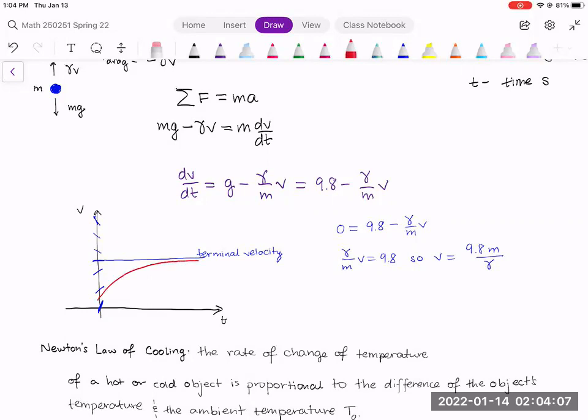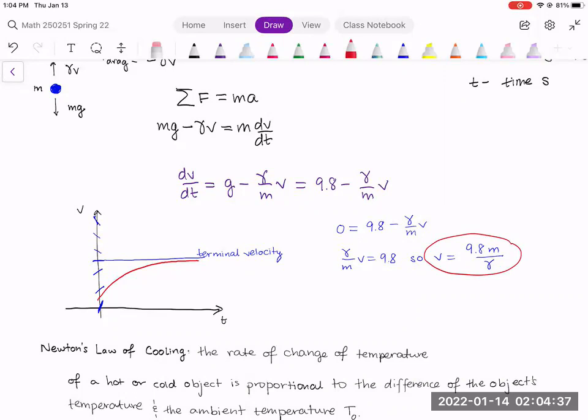So there's some limit on how fast we're able to fall. It's going to depend both on the mass and the drag coefficient, and we can see how. If we look at this equation, if our mass is smaller, our terminal velocity is going to be smaller as well.